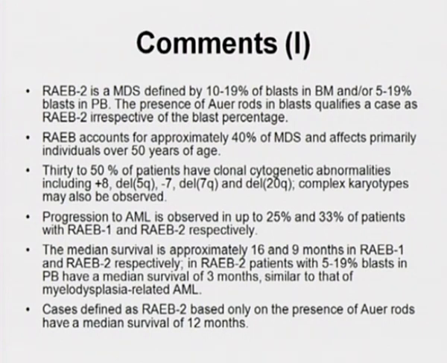Progression is observed in 32% of RAEB2, that was our patient, and 25% of patients classified as RAEB1. The median survival is approximately 16 and 9 months in RAEB1 and RAEB2 respectively.